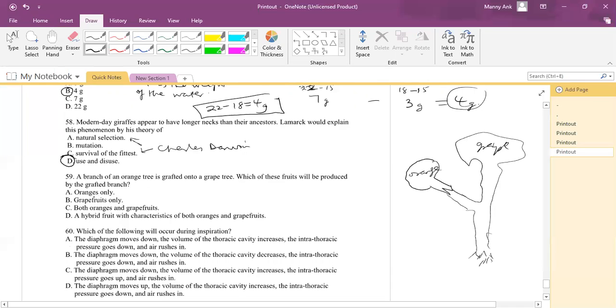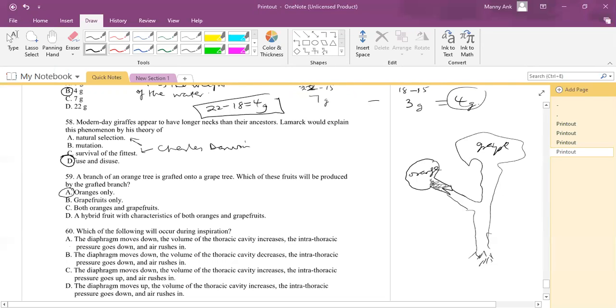So what's going to happen? Here, A, oranges only, grapefruit only, both orange and grapefruits, a hybrid fruit with characteristics of both oranges and grapefruit. Now, the answer is oranges only. If you graft a branch, that branch is going to bear the same thing that it bears, right?